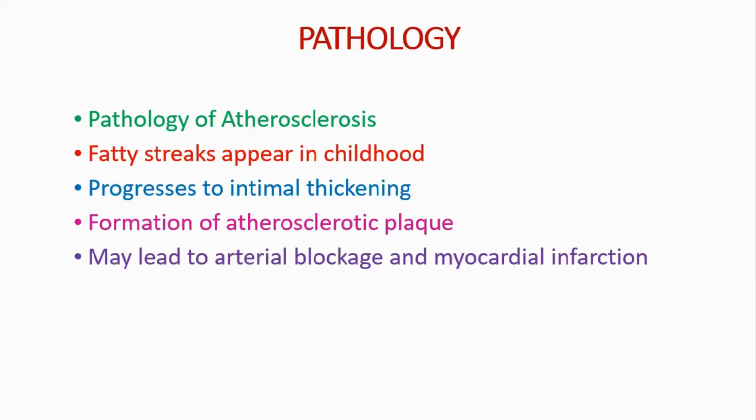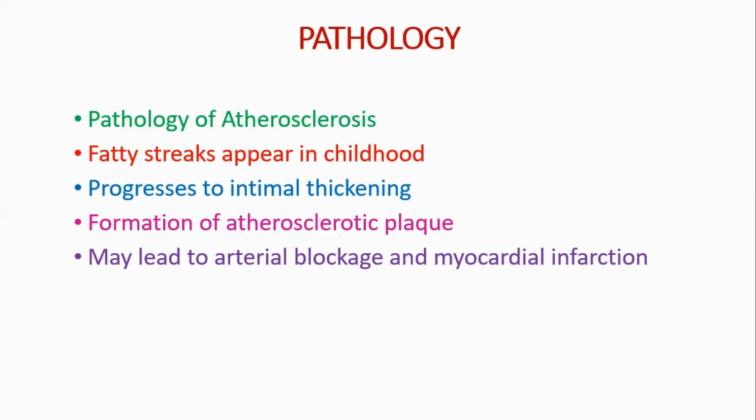The earliest pathological change in atherosclerosis is the formation of fatty streaks. These fatty streaks can be observed on the endothelial surface of the major blood vessels even by the age of 10 years, showing that the disease progression begins in early life. If risk factors are not controlled, fatty streaks gradually progress to intimal thickening, which refers to the thickening of the inner arterial wall.